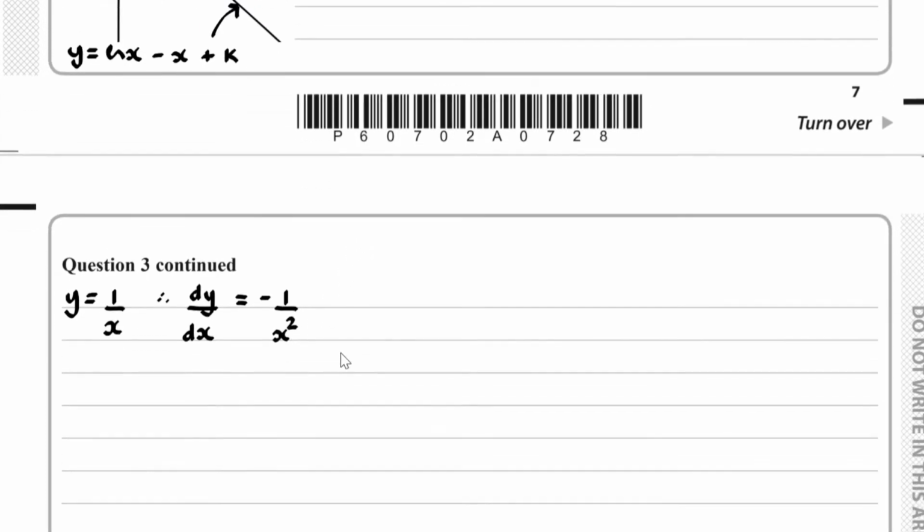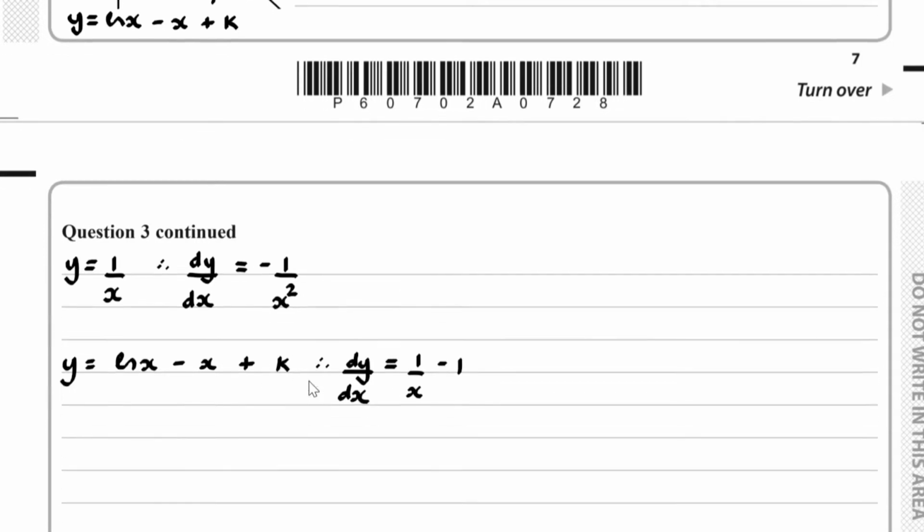And if I've got y equals the natural log of x minus x plus k, I can differentiate this. dy over dx is equal to 1/x minus 1. k is a constant, so differentiating that we get 0.